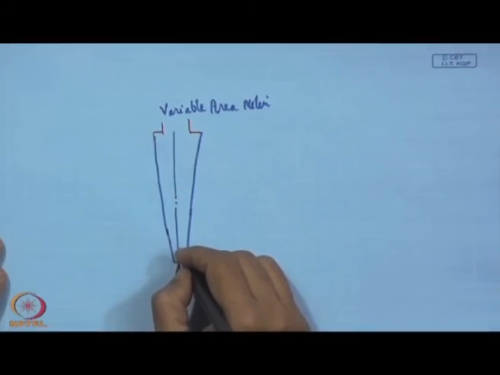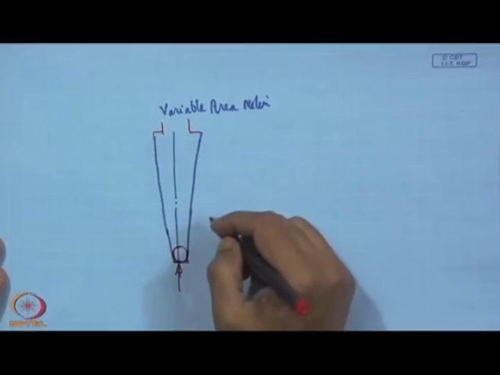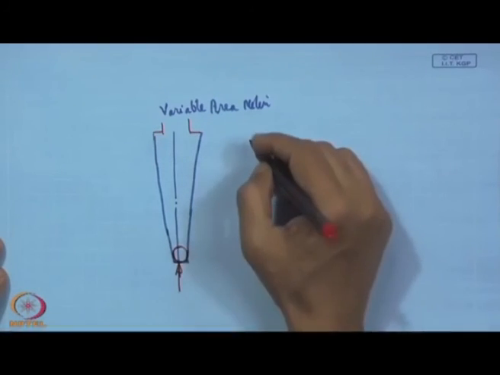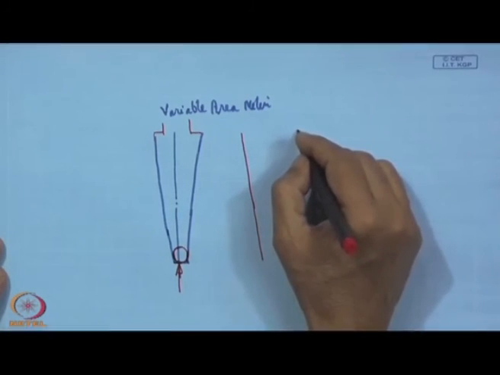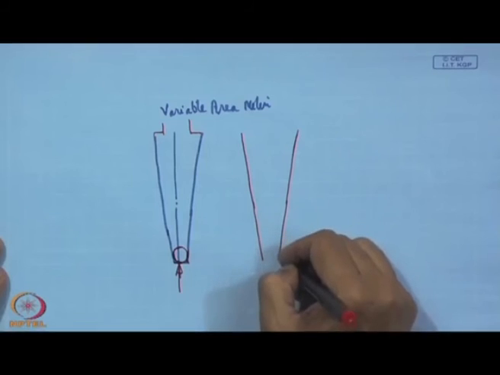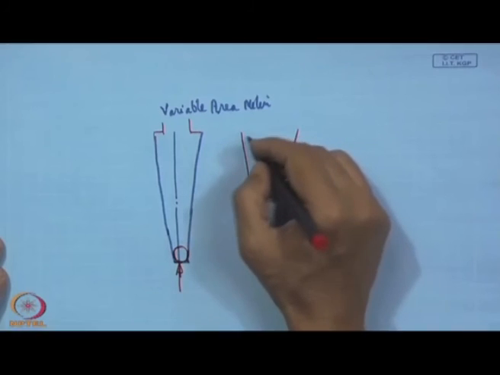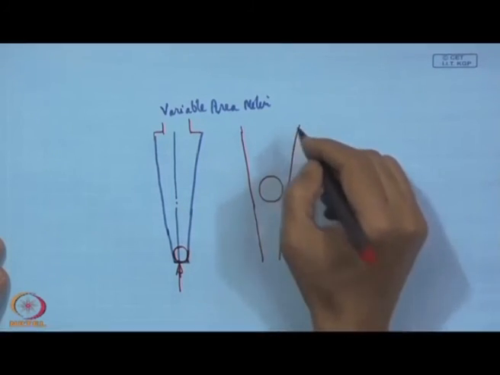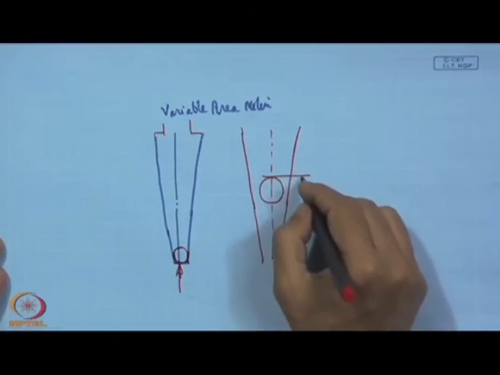So, what happens? We have a floating ball, and the ball diameter matches with the inlet diameter. Now, during the flow, because of the drag force and buoyant force, this ball will be floating, say here, and we have a scale. So, this height can be measured.